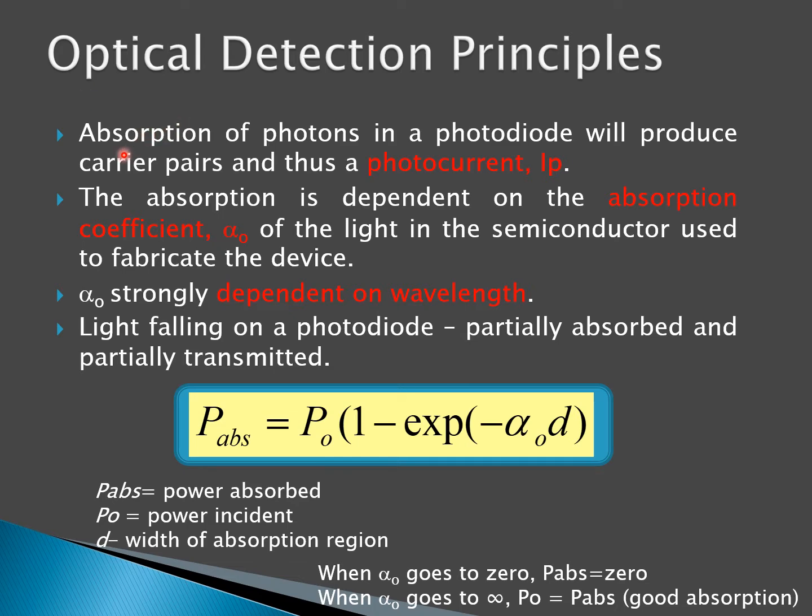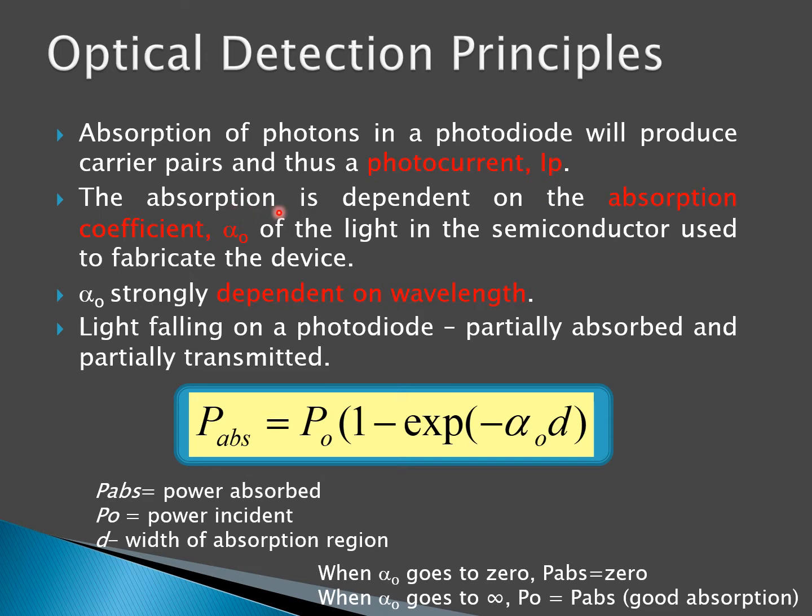So at first, the absorption of a photon in the photodiode will produce carrier pairs, the electron-hole pairs, and thus a photocurrent, or the current IP, will be produced.